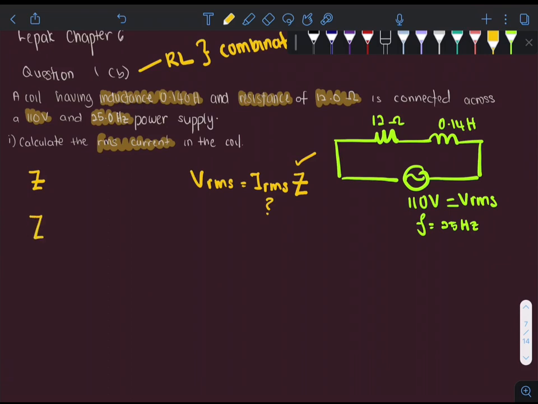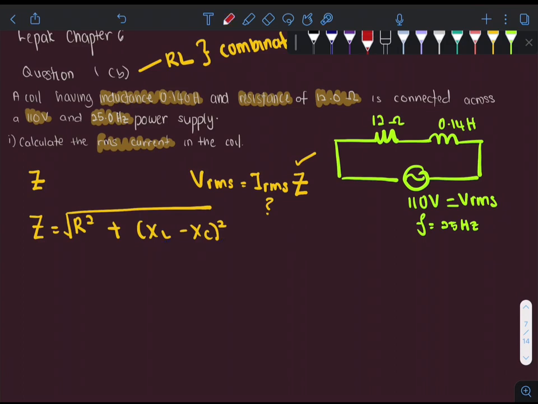The impedance has a general equation: Z equals the square root of R squared plus (XL minus XC) squared, where R is the resistance, XL is the reactance of the inductance, and XC is the reactance of the capacitance, known as inductive reactance and capacitive reactance respectively.